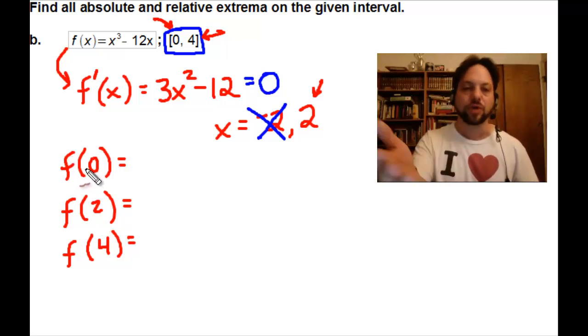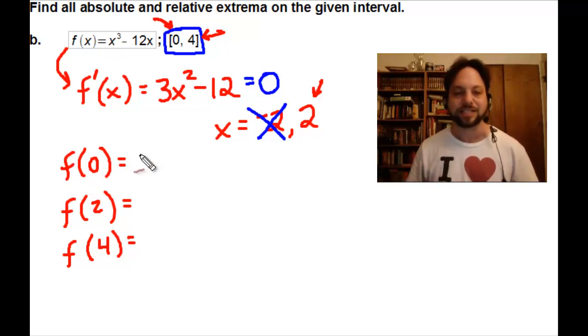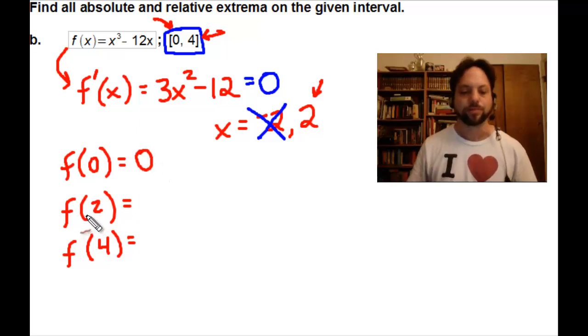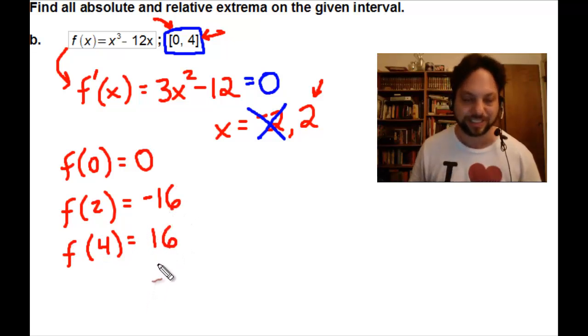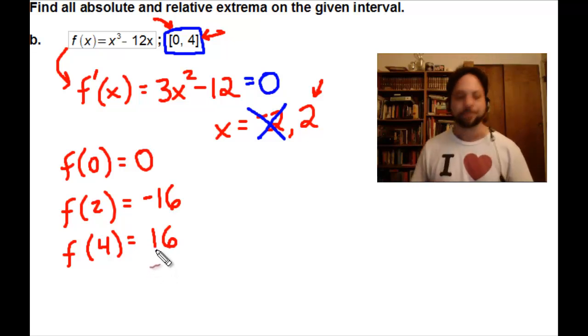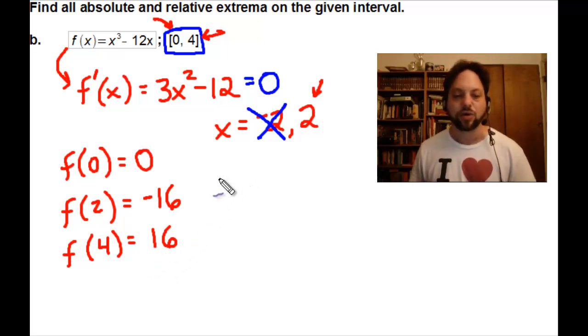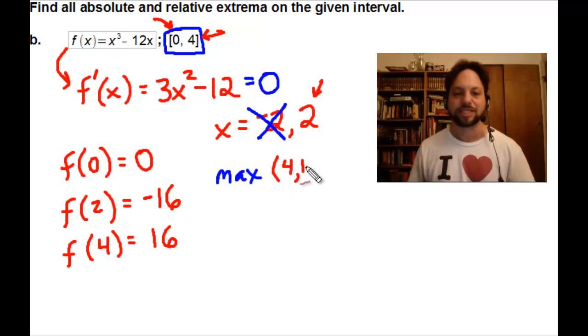We want to know the y values. So f of 0, you plug that in. That's an easy one. That will just give us 0. F of 2, if you plug that in, you should get negative 16, while f of 4 gives you positive 16. So what does all this mean? What it means is that we certainly have a max, an absolute max, and that will occur at the point 4, 16.